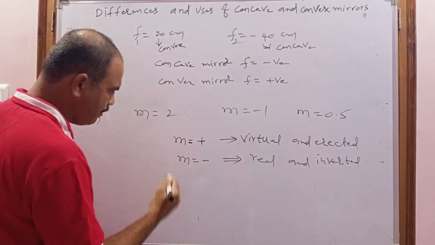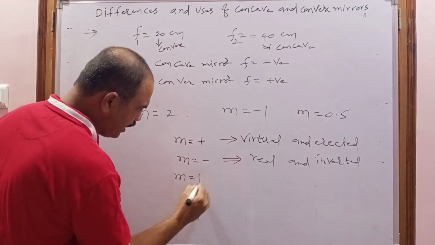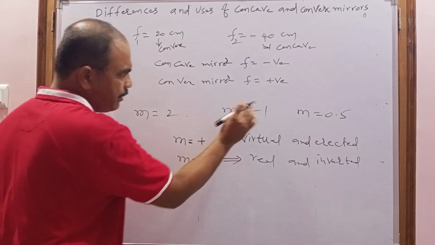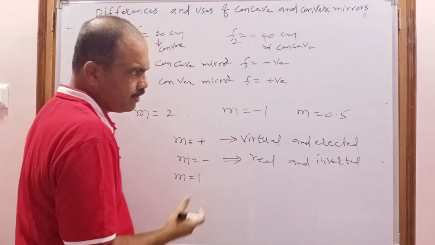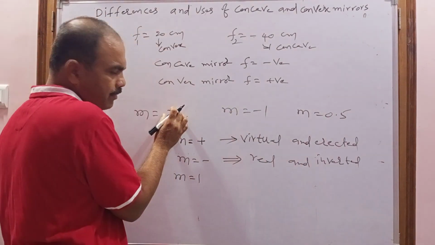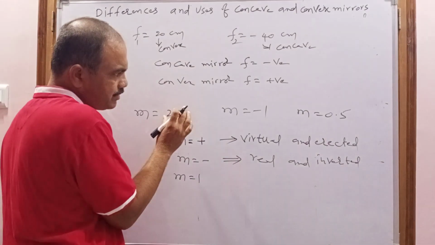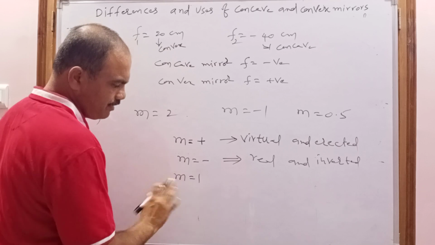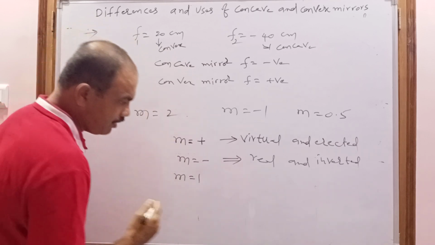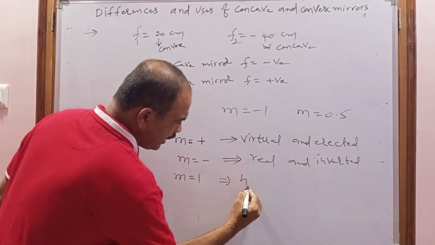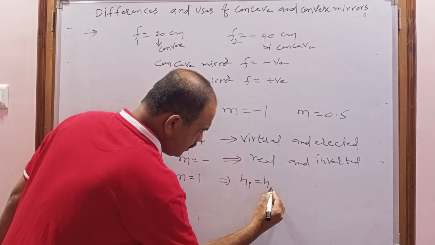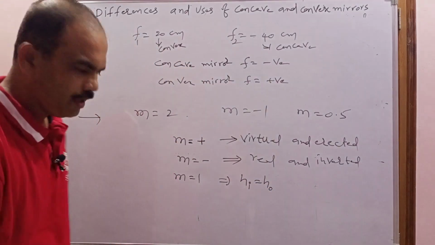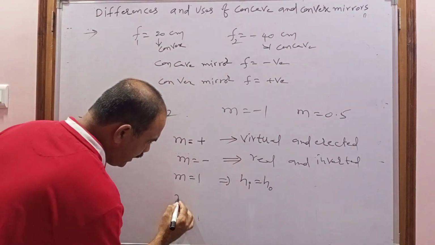Also remember that after the sign they will give some number, sometimes only a number, or sometimes in the form of a numerator and denominator. If m equal to 1, the height of the image is equal to the height of the object, so size of image equals size of object.